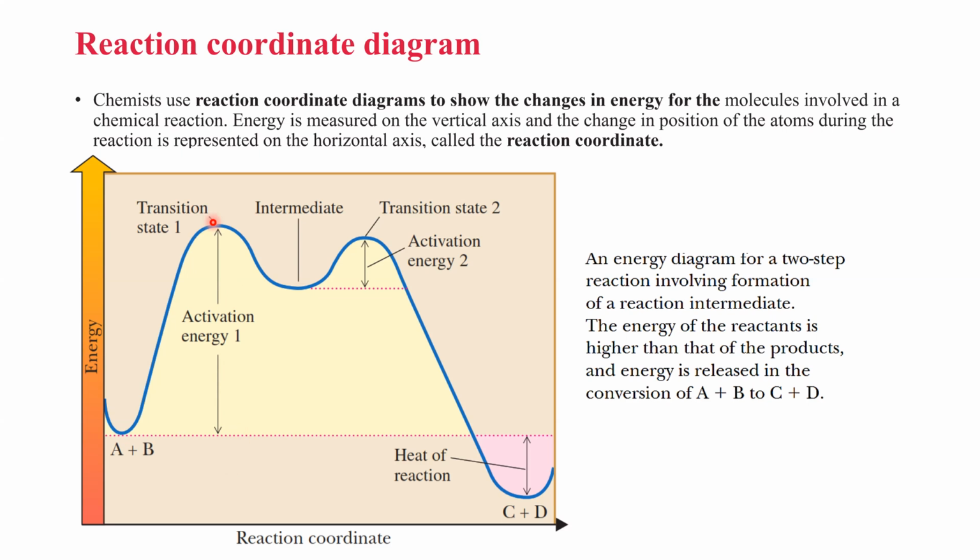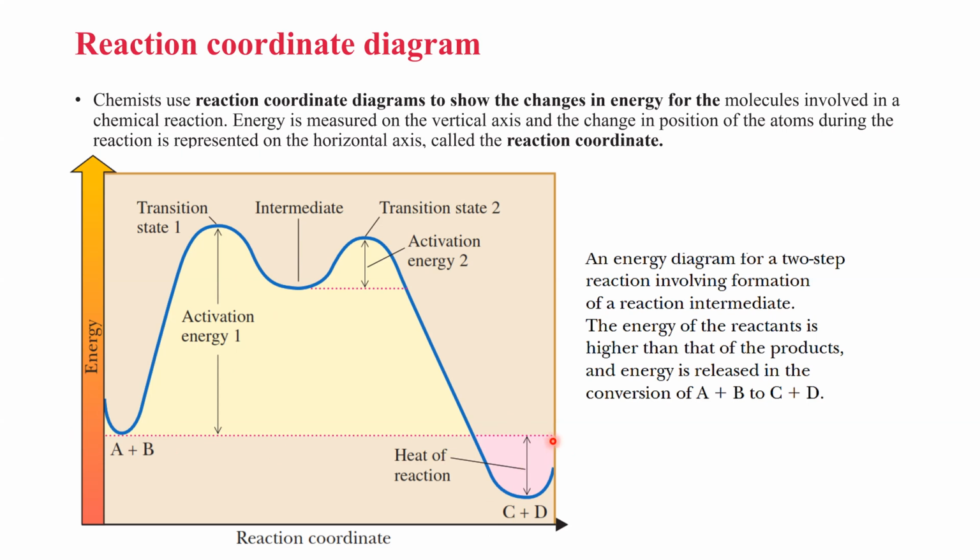Now, this reaction coordinate diagram also gives us the idea whether the reaction is exothermic or endothermic. If you compare the energy of the product versus the reactant, the reactant energy is at this scale, right?